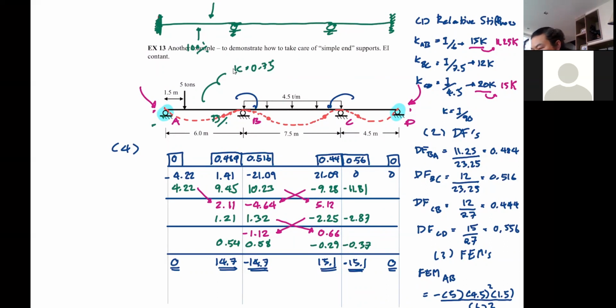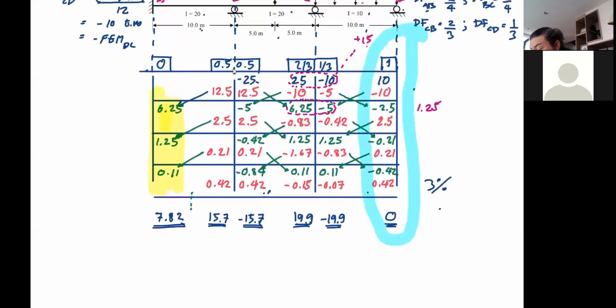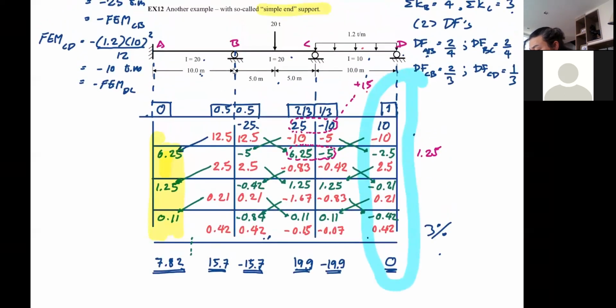You can try to go back to this problem and try to handle support D here by using the simple end support to see if you're going to get the same result, which you should. And it's going to take a very, very short time to do it as well.